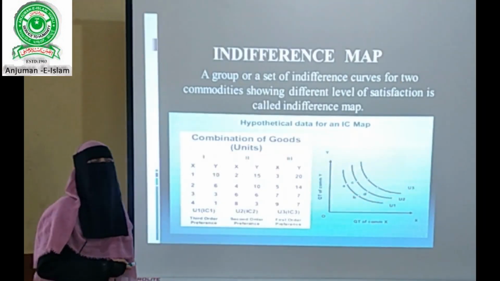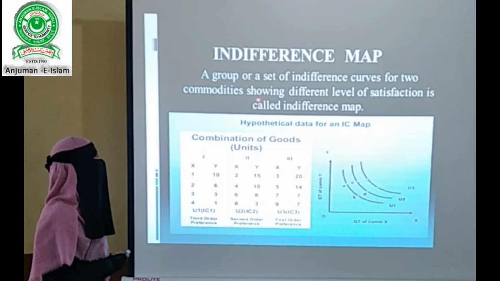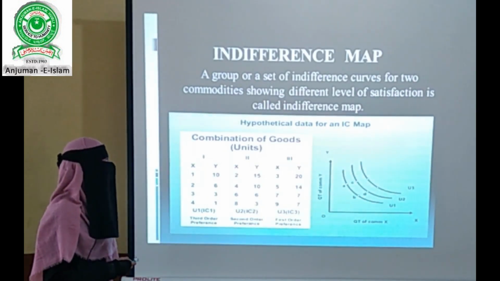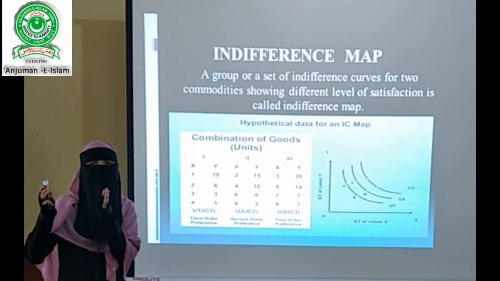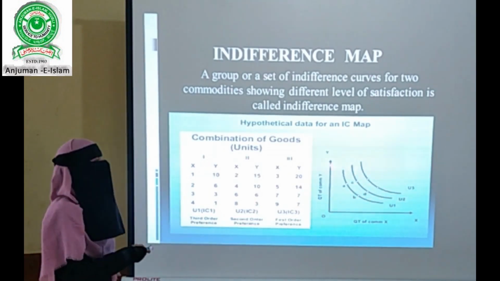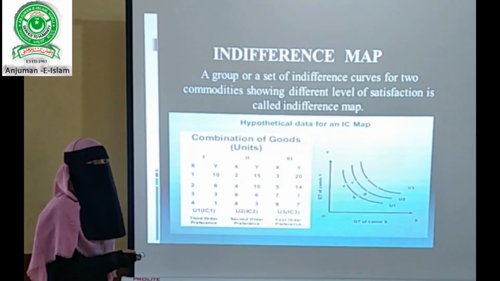What is an indifference map? A group or a set of indifference curves for 2 commodities showing different levels of satisfaction is called an indifference map. So here we can understand that different combinations of curves are represented in a particular diagram, and that is called an indifference map.